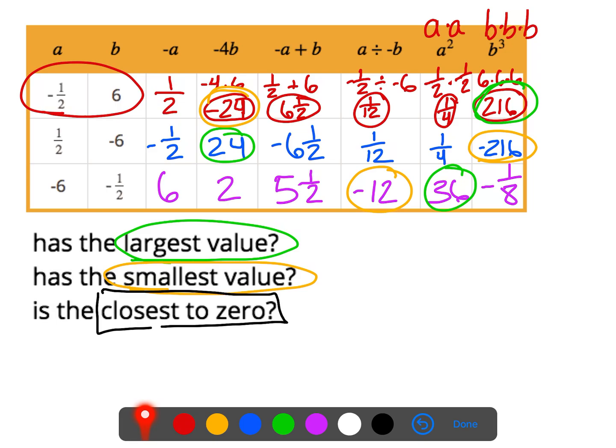And we've got to pick the smallest fraction to be closest to zero. That would be 1/12. If we look at the next one here, we've got two fractions, one positive and one negative. Whichever one is the smaller fraction is going to be closer to zero, and that's 1/4. So closest to zero is positive 1/4.